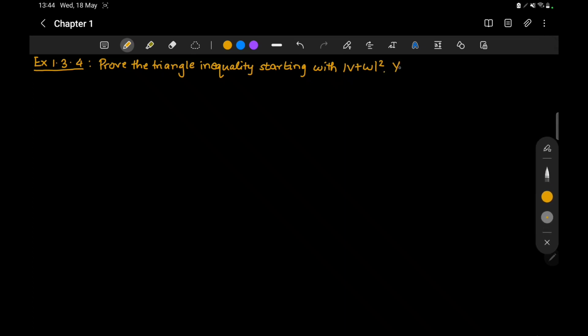So some more hints and steps are provided. You must use, I'm losing out space over here, so we will write it here. You must use and the Schwarz inequality.